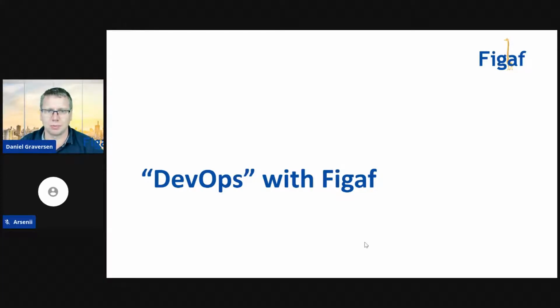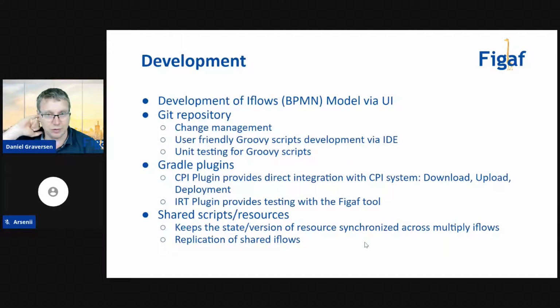But we do have an option, and this is the Figaf tool, where you are simplifying a lot of this process. So the big challenge, and I think that's no matter which of these you would be developing in, is that you have two places you need to edit.